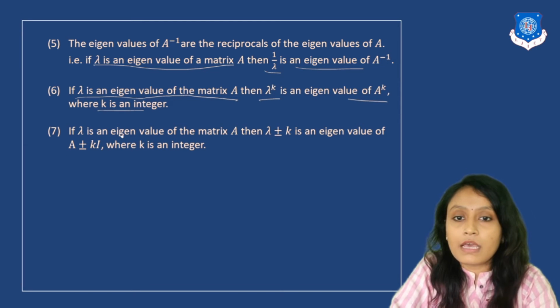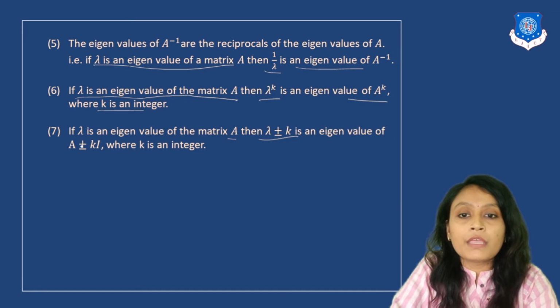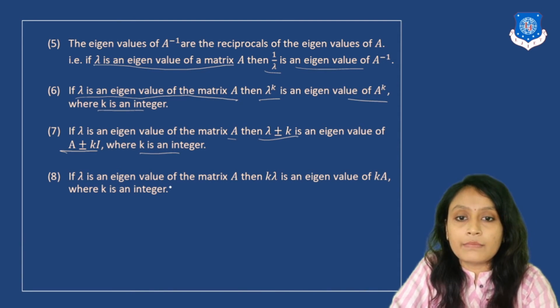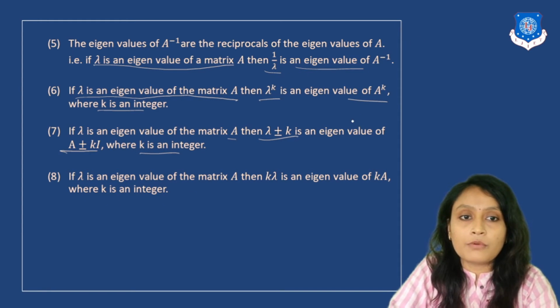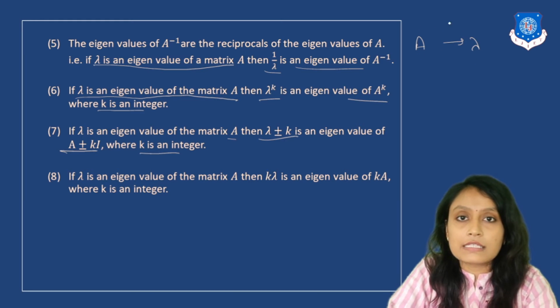Next, if lambda is an eigenvalue of a matrix A, then lambda plus or minus k is an eigenvalue of A plus or minus kI, where k is an integer. Next property: if lambda is the eigenvalue of a matrix A, then k lambda is an eigenvalue of kA, where again k is an integer. We will briefly write all these properties. Suppose we have a matrix A and the eigenvalue of this matrix A is lambda.